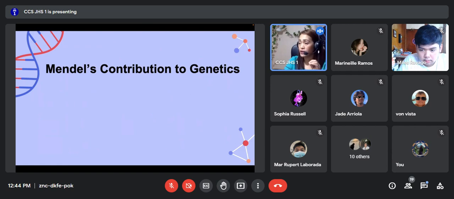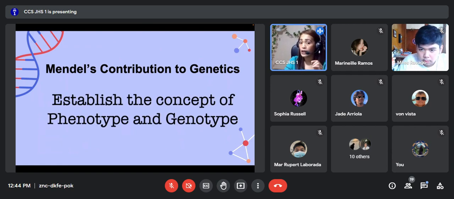Another contribution of Mendel to genetics is that he was able to establish the concept of phenotype and genotype. Of course, during this time, the understanding about DNA and the genetic material was not yet really understood, but he was able to present the concept using a certain system.